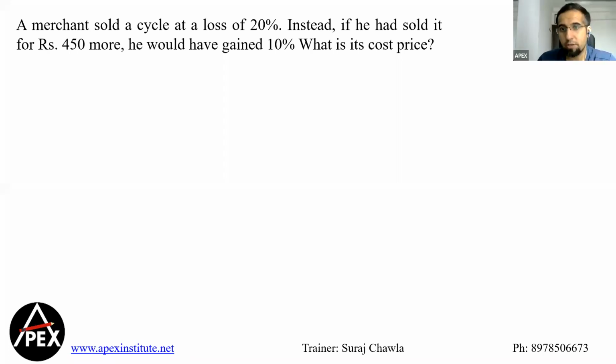Great. Now you can apply the logic here, but be very careful. If he's selling at a loss of 20%, that means he's selling at 80% of cost price. Second is selling at a gain of 10%, that means 110% of cost price. And this gap is equal to 450.